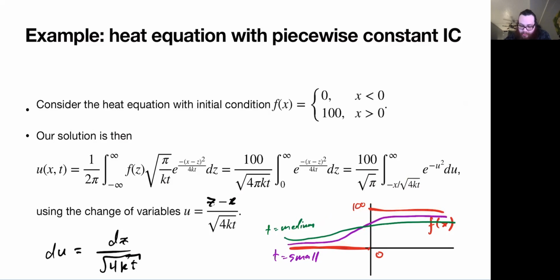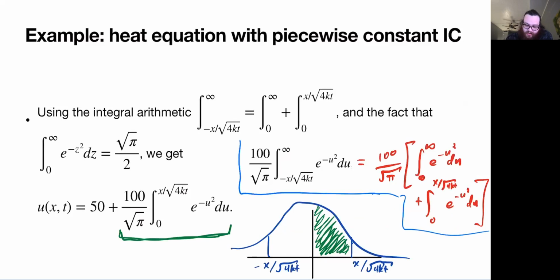Okay, but what we're seeing in the solution is, what is this temperature distribution? Well, take 50, kind of half the value at that interface. And if x is positive, you're to the right of that interface, this is just going to be adding to 50 for all time. So you're going to be above the average. If x is negative, then messing with the signs of this, you're going to be taking away from 50.